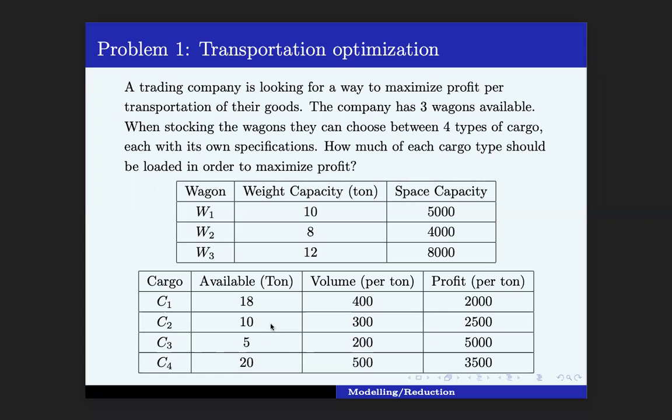So do you send all 5 tons of C3 in one shot into one wagon, and in that case in which wagon? Or should we break it up into small parts into these 3 different wagons?